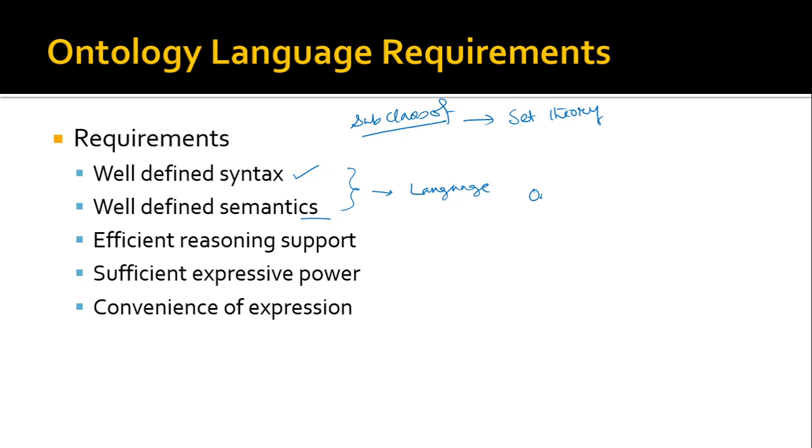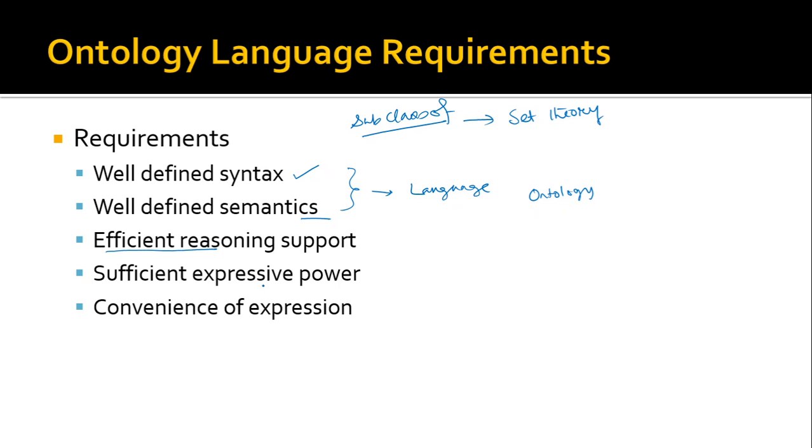You have designed an ontology, but will your ontology come up with some reasoning in an efficient way, right? So you need to support an efficient way of reasoning new information out of the existing information in the ontology, right? That is another prime important requirement, right?